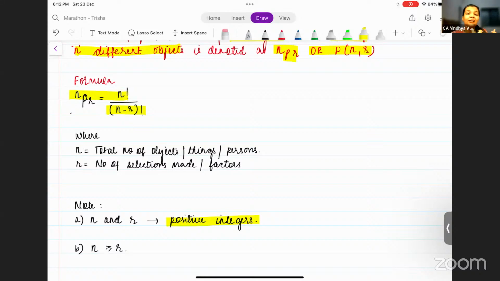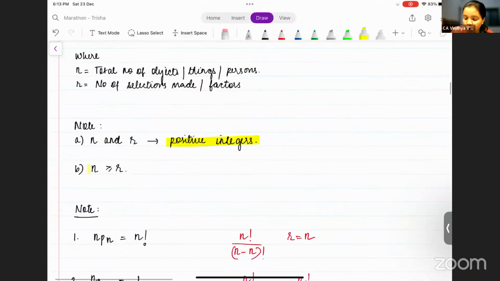Because when I say there are 10 people, can I say that out of the 10 people, I will select 5.5 people? Not possible, which means that both n and r should be positive integers. Can you have negative numbers? Definitely not. Can you have fractions, 1 by 2, 1 by 3? Not possible. One more important note with respect to n and r is that the value of n should always be greater than or equal to r.